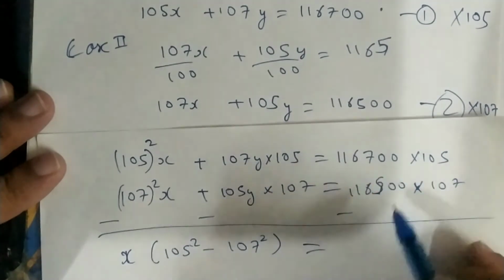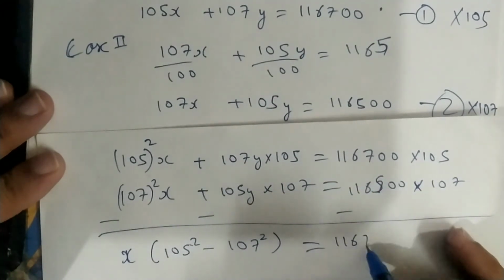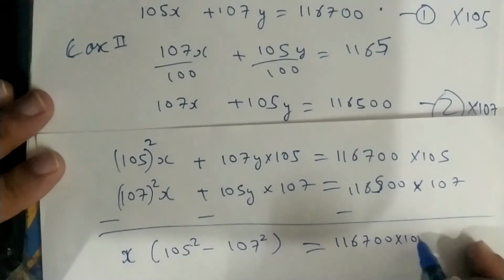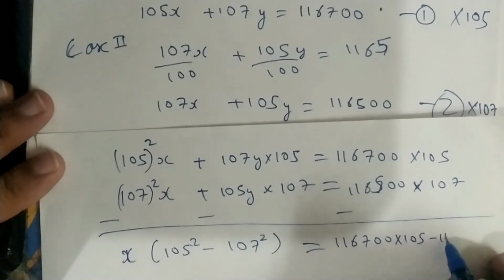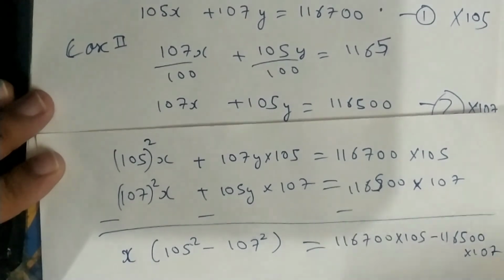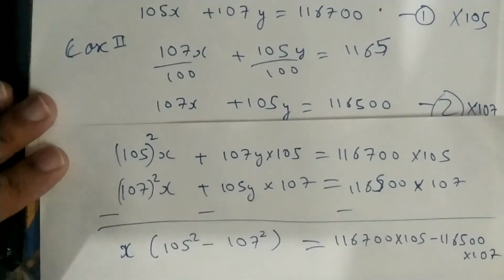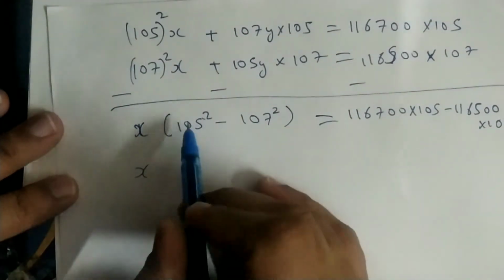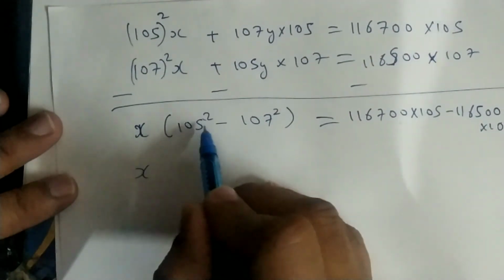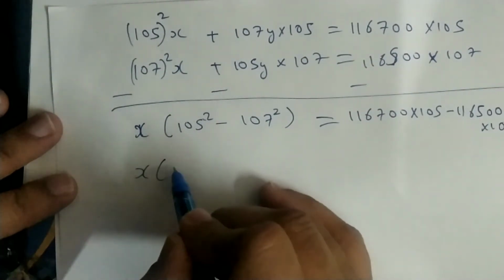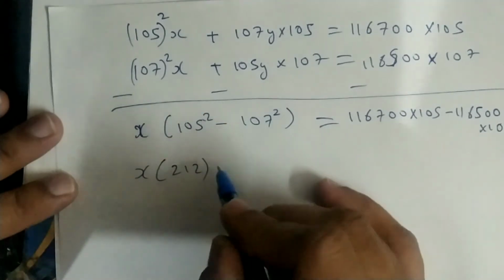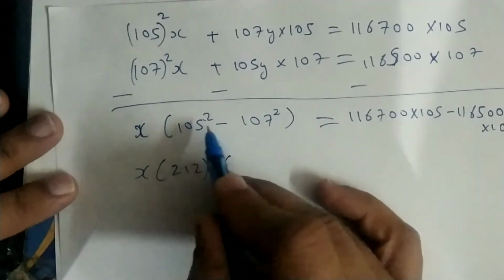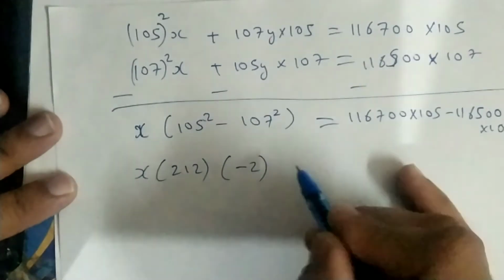The same way here we are having 116700 multiplied by 105 minus 116500 into 107. This will become a plus b, that is 105 plus 107, that is 212. A minus b, 105 minus 107, that is minus 2.